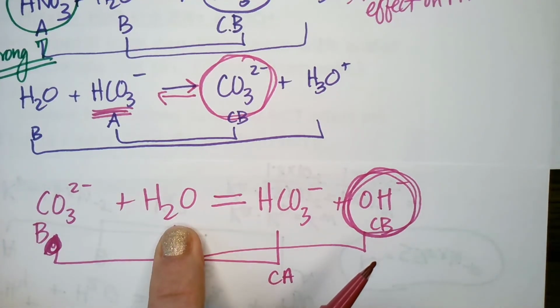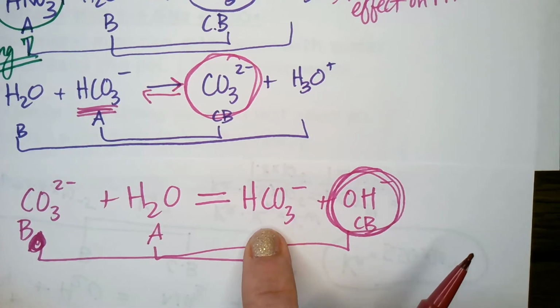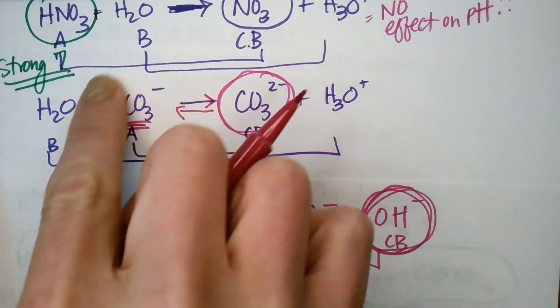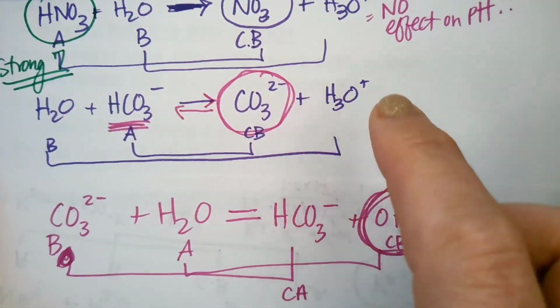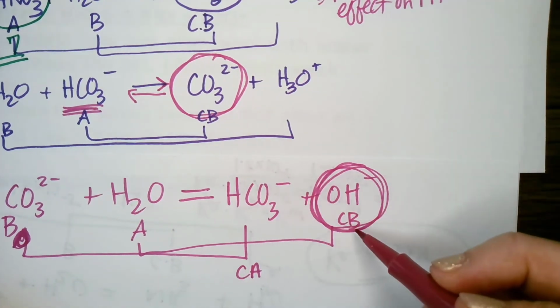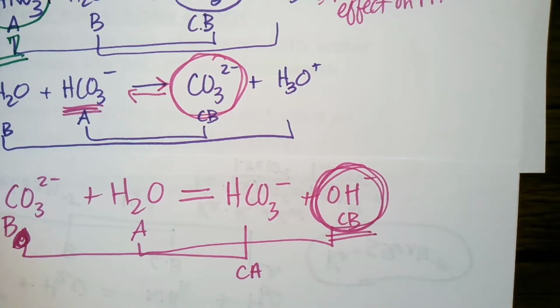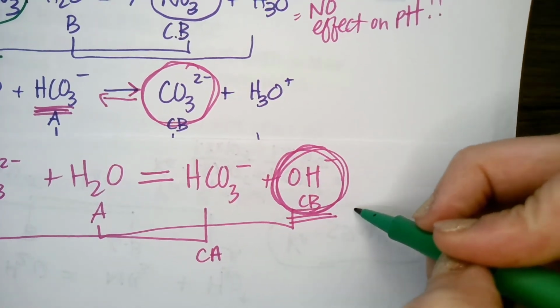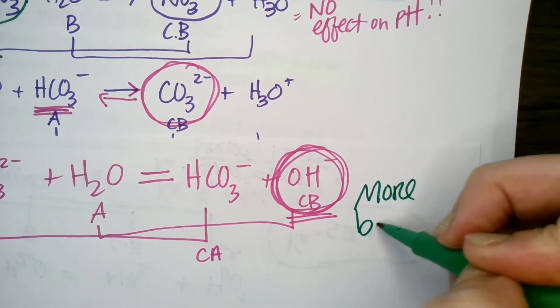Because of this hydrolysis, having my conjugate base react with water to form the parent acid again, which is great. We want to form that parent acid, right? This is equilibrium. We are pushing left. We're forming that parent acid again, but we're also adding this hydroxide component to it.